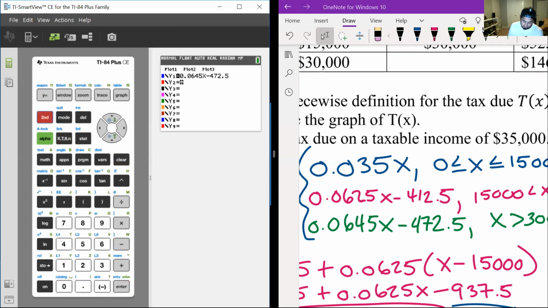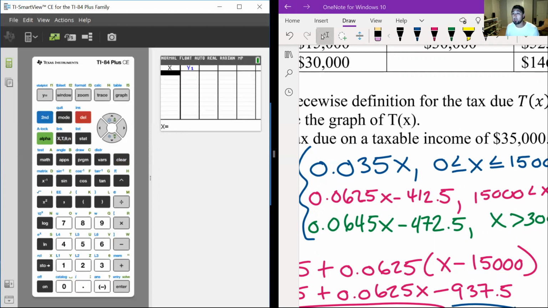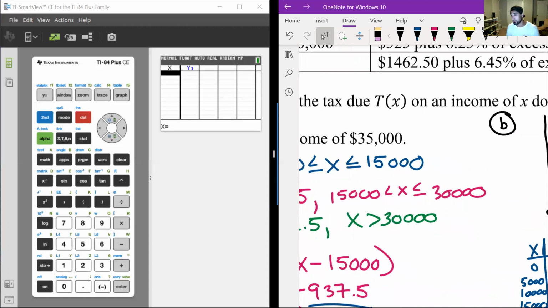Enter second graph. We can only use this one for values greater than 30,000. So we'll start at 30,000. And I'll go 35 and 40. I'm not going to choose much more. That's enough information.